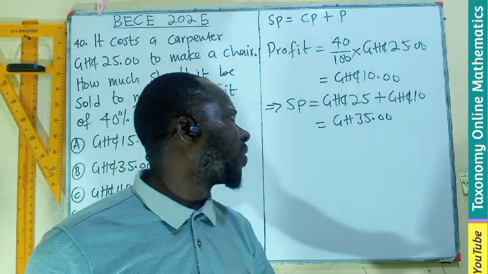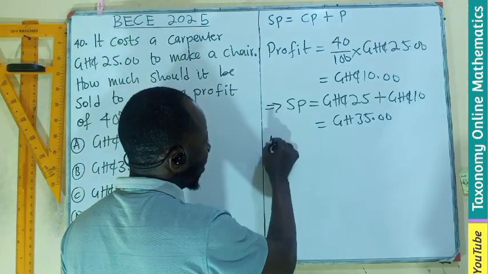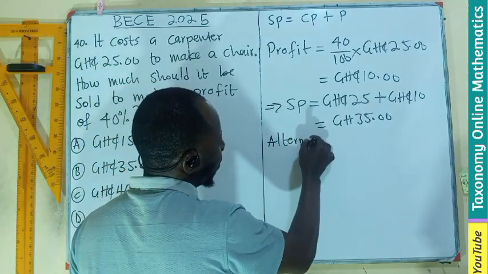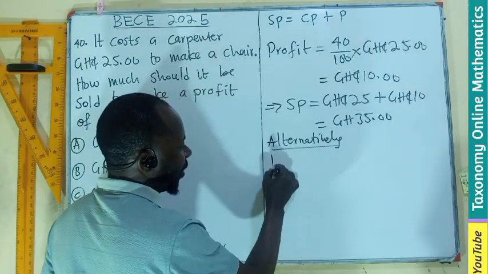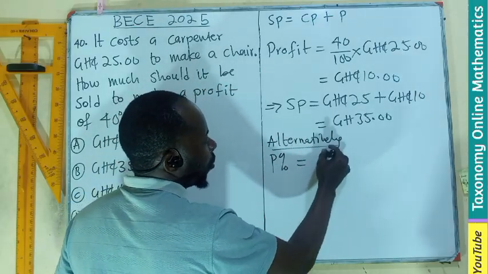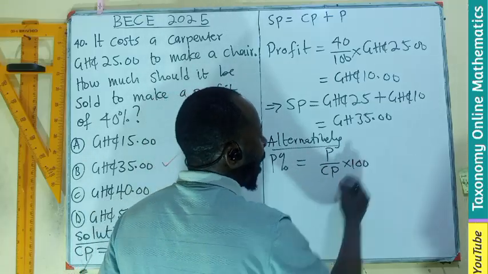Now we can also say, alternatively, remember profit percent is profit over cost price times 100.